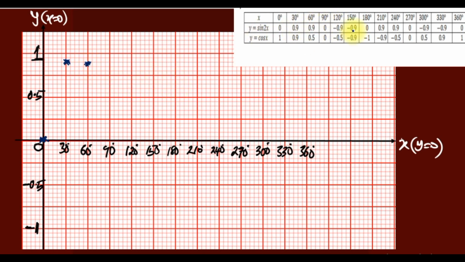For 90 it is 0. For 120 it is minus 0.9. Since 18 up is positive, 18 down will be negative. So 5, 10, 15, 16, 17, 18.